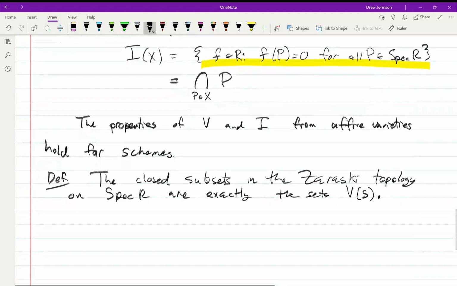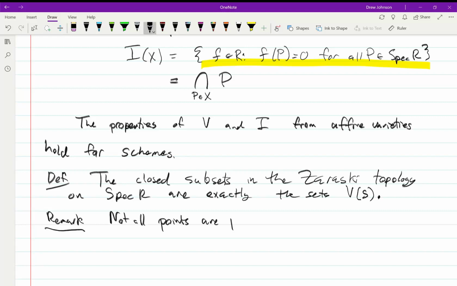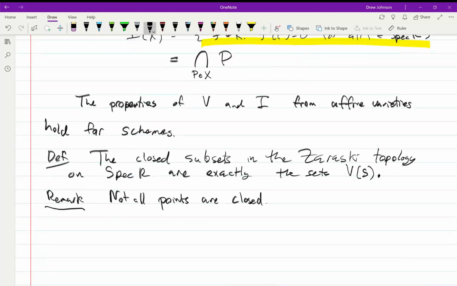Okay, so this looks good in analogy to our definition of the Zariski topology on affine varieties. It does have some new features, so let's look at one of those now. In the Zariski topology, not all points are closed. Maybe we don't see so many examples of this in general topology, but it's true for the Zariski topology.